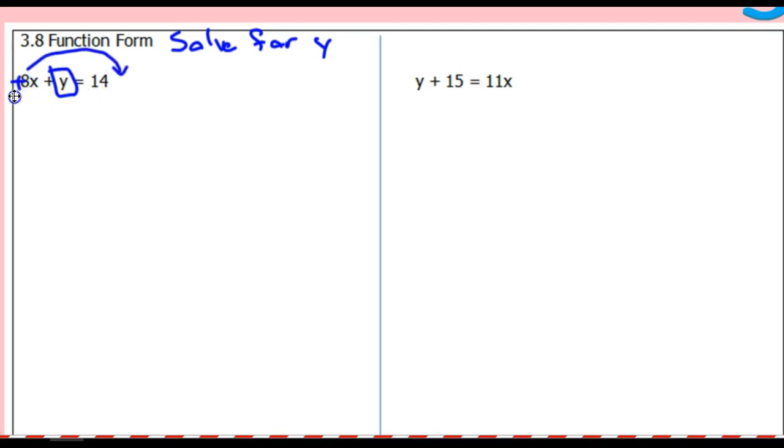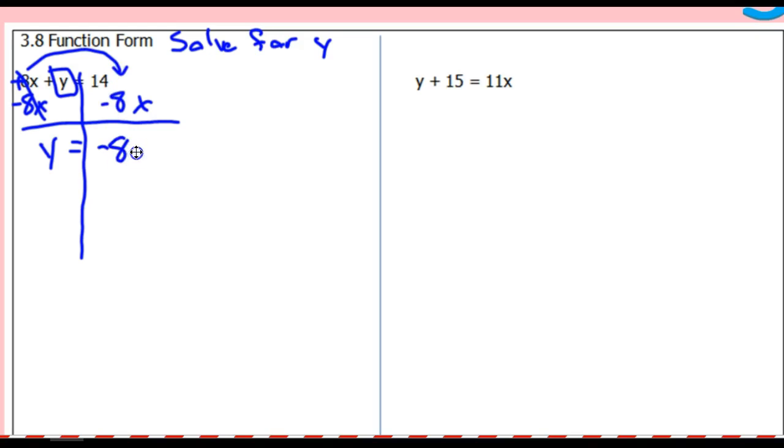It's a positive, so I know I can subtract 8x. Now y equals, now because 8 has an x on it, I can't combine it with 14 that doesn't have an x. I'm just going to leave it like it is, negative 8x plus 14 because 14 is positive.